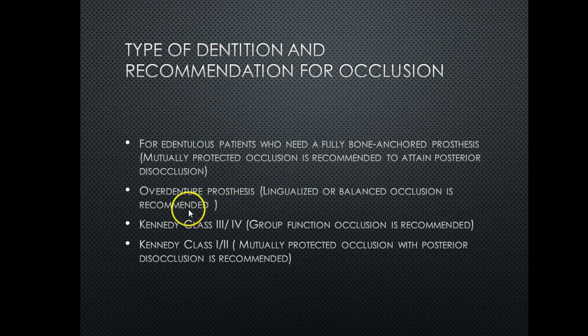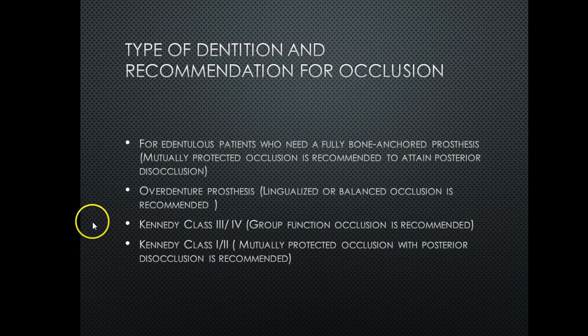If you're thinking of using an overdenture prosthesis, our recommendation is balanced occlusion. For Kennedy class 3 and 4, group function is what we recommend, and for Kennedy class 1 and 2, again, we recommend mutually protected occlusion with posterior disocclusion.